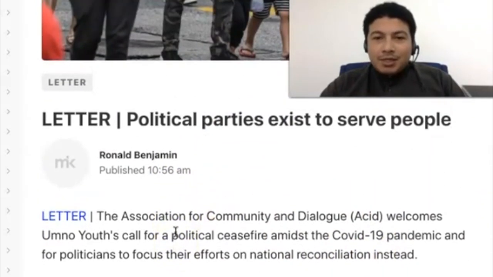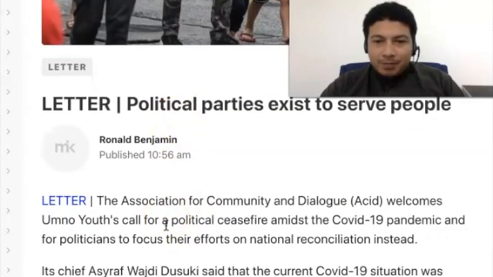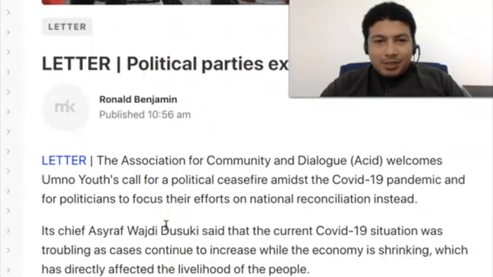What is the stated main idea? Now that we know the topic, what is the stated main idea? So we can see here the stated main idea is that politicians should focus their efforts on national reconciliation. So this is the stated main idea, or you can take the whole sentence.